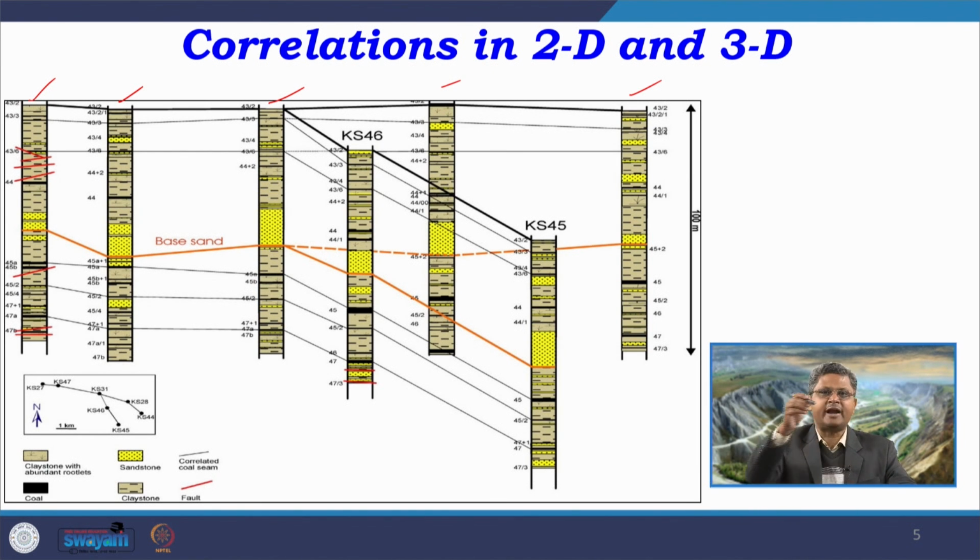These are some random logs where you have recorded the distribution of different rock bodies, which may be based on outcrops or from subsurface data, and you are arranging them in one line. So, you are getting 5 such logs arranged in one line, and you are trying to correlate them in terms of their lateral occurrences. As you can see over here, this is one sand body, the major sand body that has been correlated.